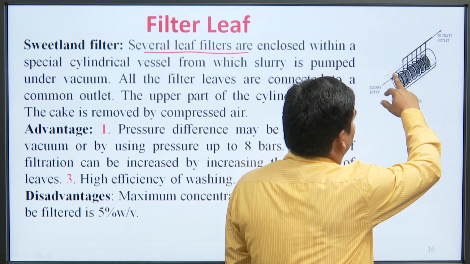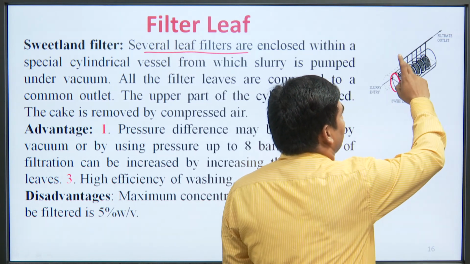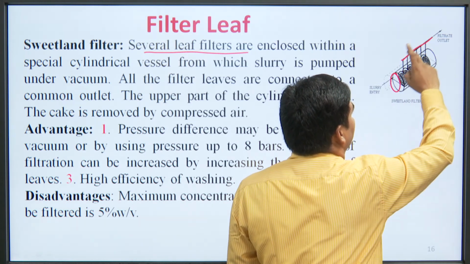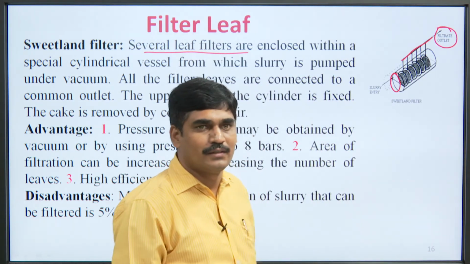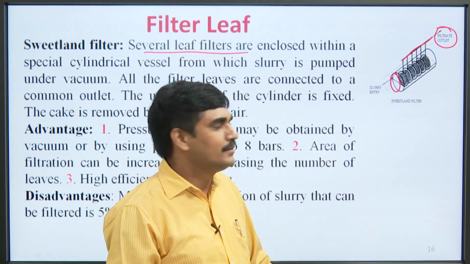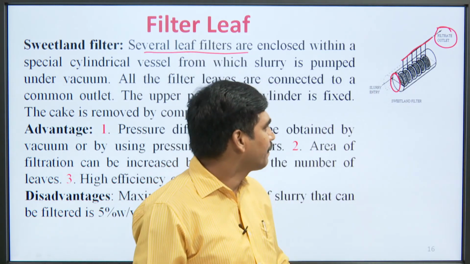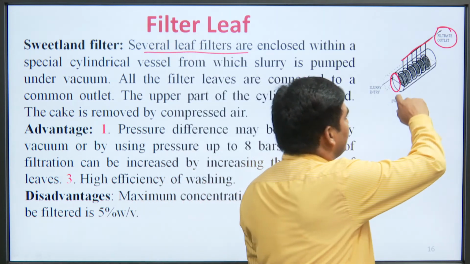This is the slurry entry point. All the filter leaves are connected to a single outlet, that is, from here we can collect the filtrate coming out of the filter leaves.